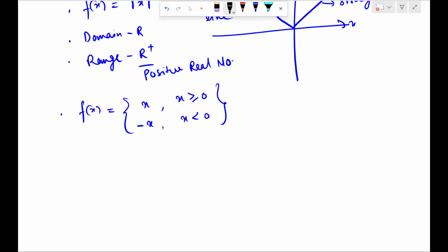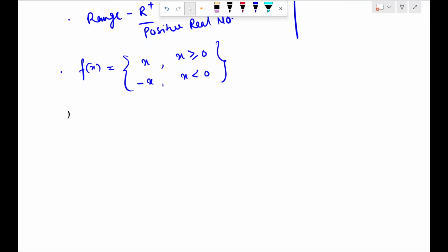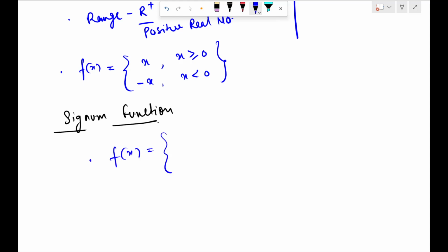Next we have a signum function. In this we have a function f of x where f of x is 1 when x is greater than 0, f of x is 0 if x is equal to 0, and f of x is minus 1 when x is less than 0.